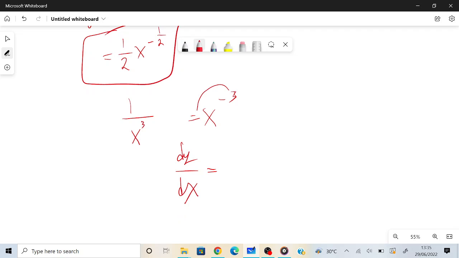This minus 3 goes in front and subtracts the power by 1. If it goes in front, this becomes minus 3x, and minus 3 minus 1 would give you minus 4. That is your final answer for that question. Again, minus 4 because the power got subtracted by 1, and minus 3 because there's nothing in front of x, meaning it's 1 over here. You bring your minus 3, 1 times minus 3 would give you minus 3.